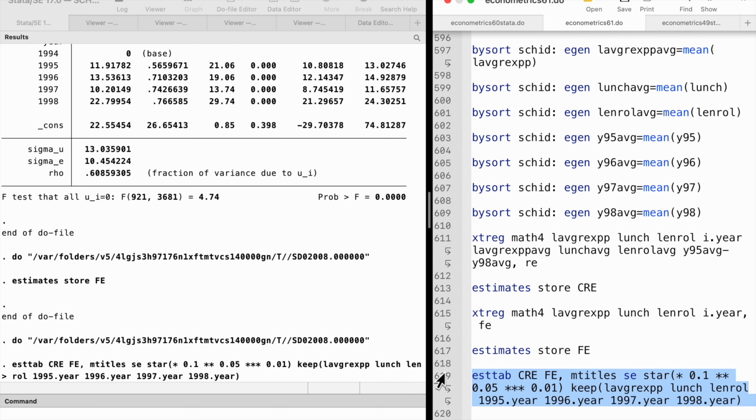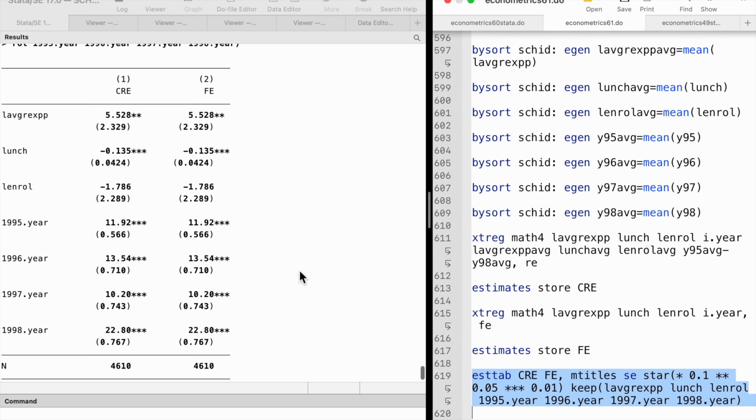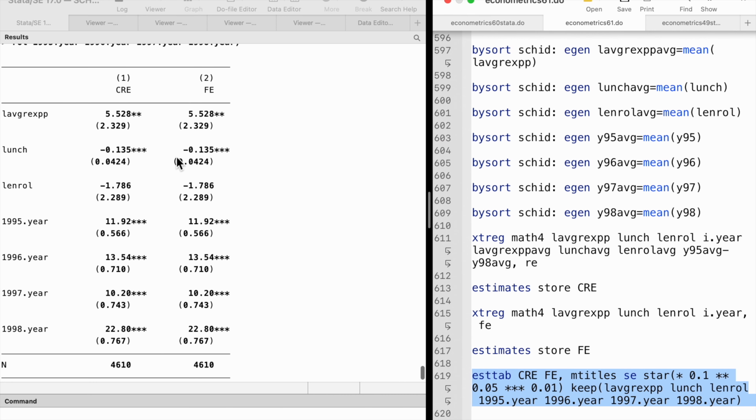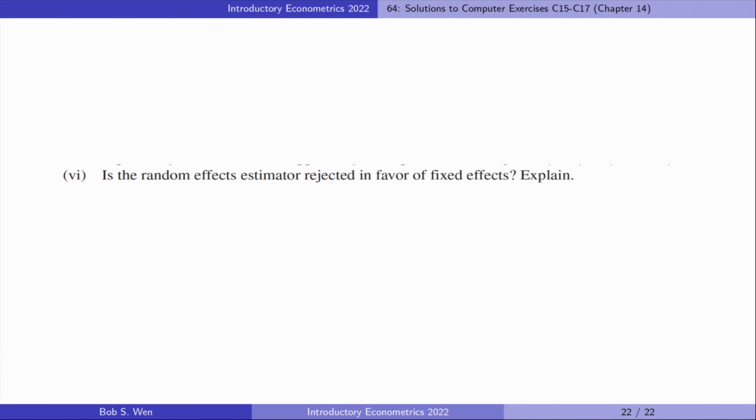We compare the estimates for the time-varying explanatory variables from the correlated random effects model and fixed effects model. The estimates and the standard errors are identical. The time averages for the year dummies are perfectly collinear with the year dummies, so they drop out from the correlated random effects model. In Part 6, is the random effects estimator rejected in favor of fixed effects?